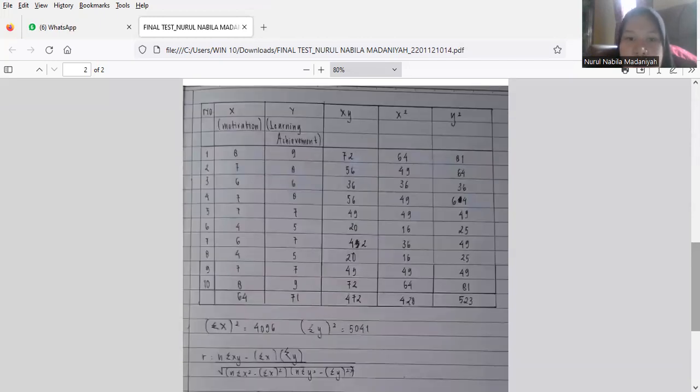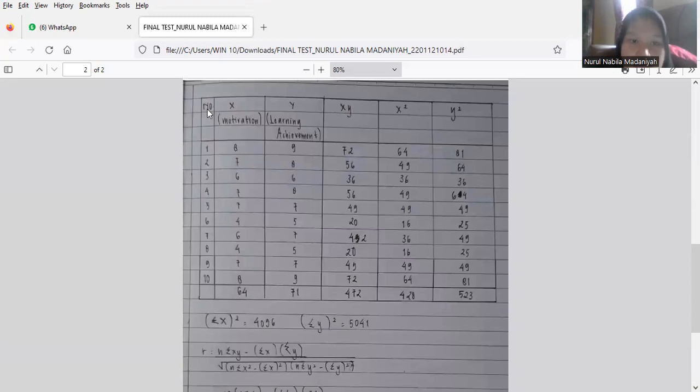Okay, for number 3, I have written on the paper like this in a table too. Before it, in the question at the paper final test, it only has X motivation and Y learning achievement. For X motivation, that is 8, 7, 6, 7, 7, 4, 6, 4, 7, 8, and the total is 64.